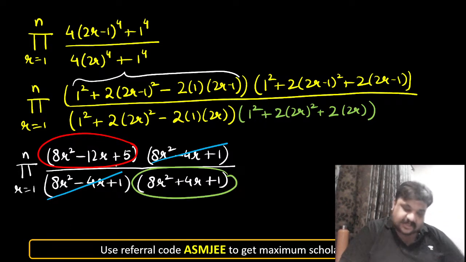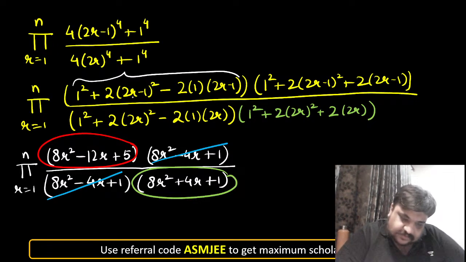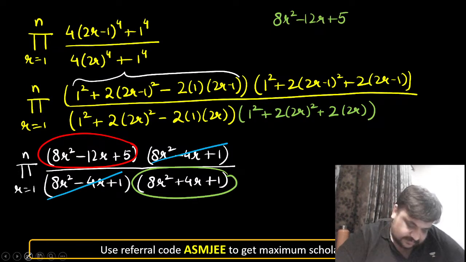Just check. Replace r by r plus 1 here. 8r square minus 12r plus 5. Replace r by r plus 1.